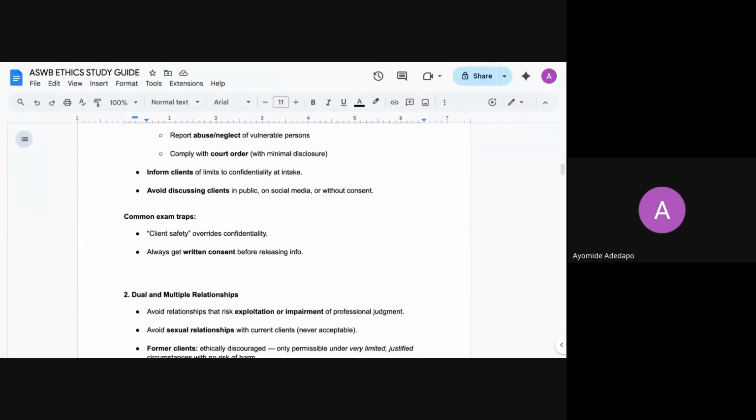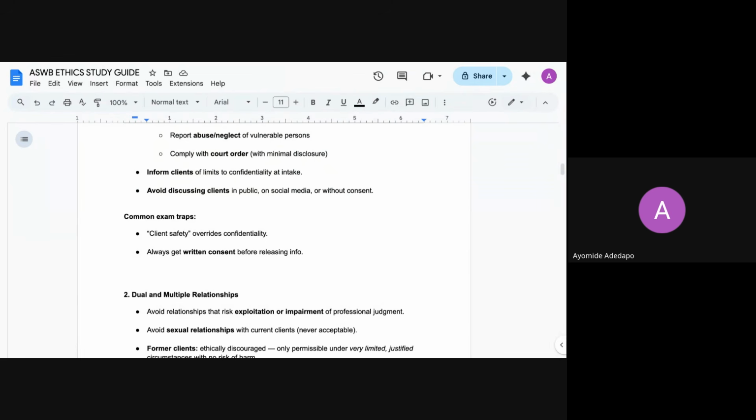Client safety overrides everything. And what that would look like in a question is, let's say you have a client who got in a car accident and can no longer speak, and you are their social worker or therapist, and you're the last person's number in their phone, and they're trying to get information about the client, their family, all those kinds of things.